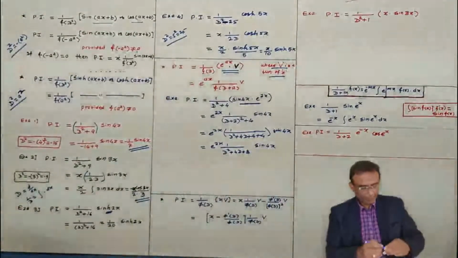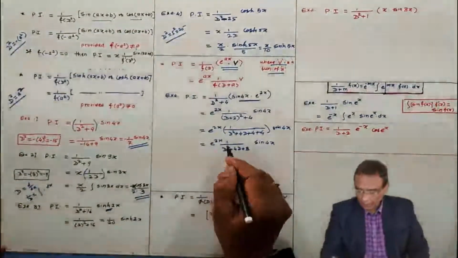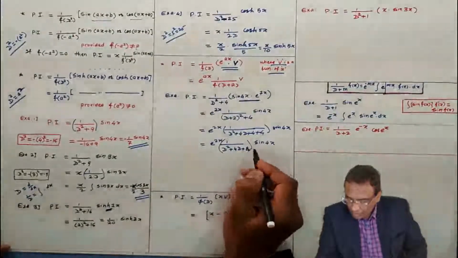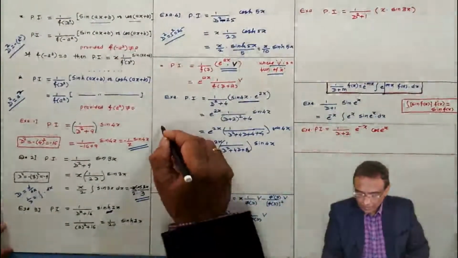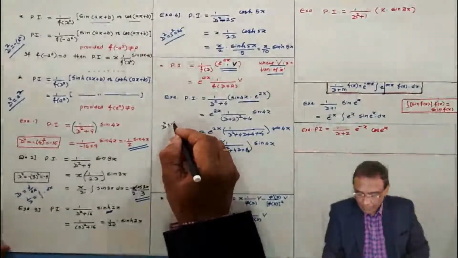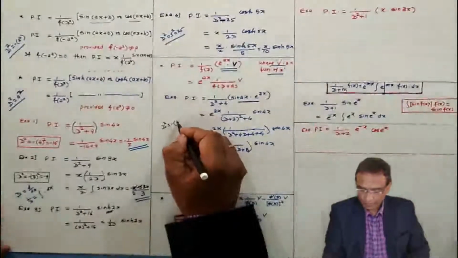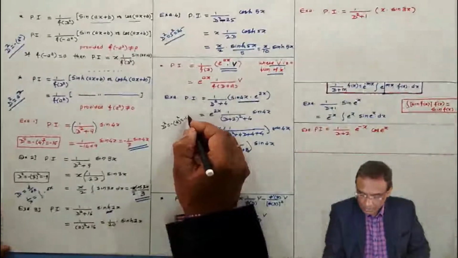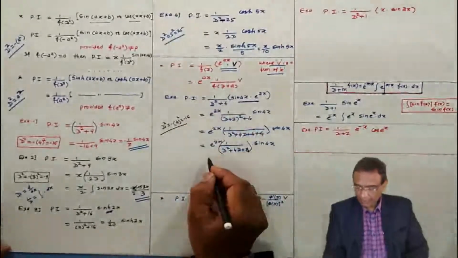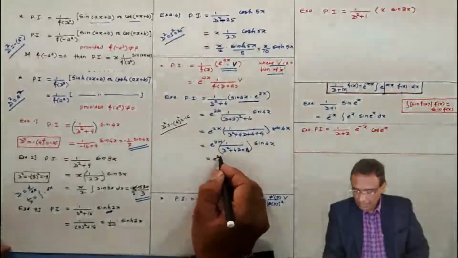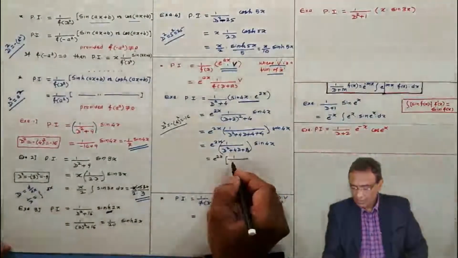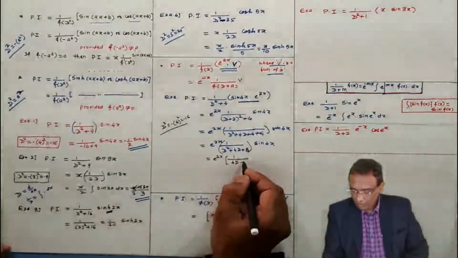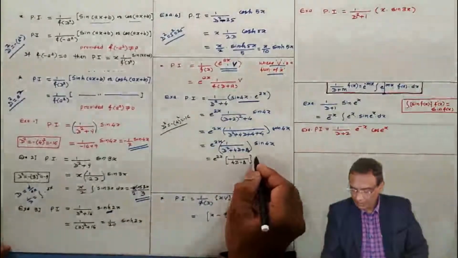Okay, and how to operate this operator on a sine function or cos function? Replace D square by minus 4 square, meaning minus 16. If you replace D square by minus 16, what will happen? Minus 16 plus 8 is minus 8. Directly written.